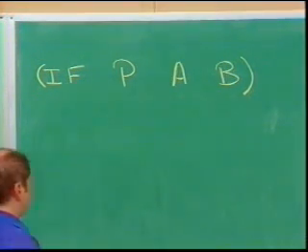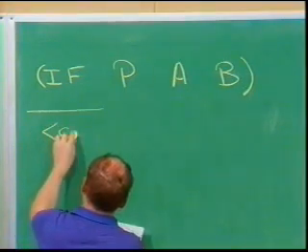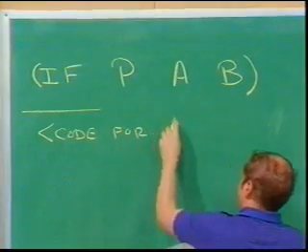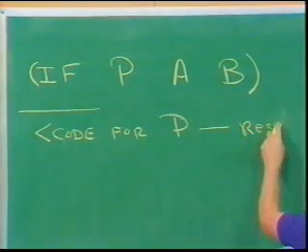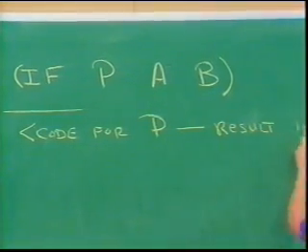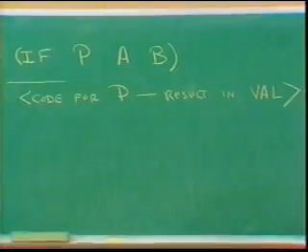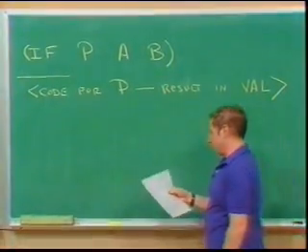So you compile a structure that looks like this. That'll compile into something that says the code for P, and it puts its result in, say, the val register. So you walk the interpreter over the predicate and make sure that the result would go into the val register.